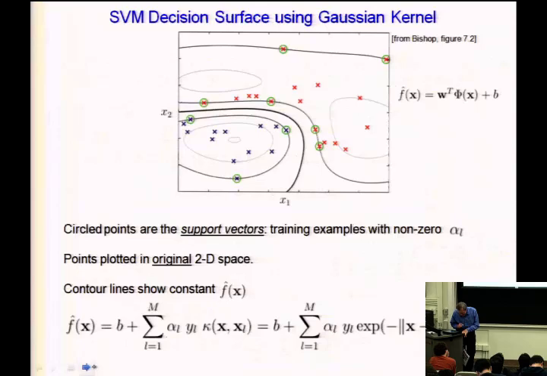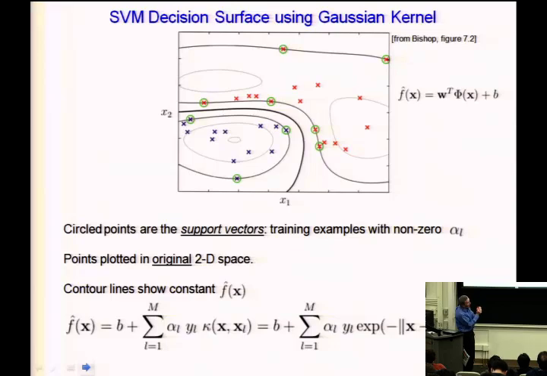Okay, so what does this look like if you actually do it? Here's a plot of a decision surface learned by a hard margin support vector machine, where we're showing the points in their original two-dimensional space.